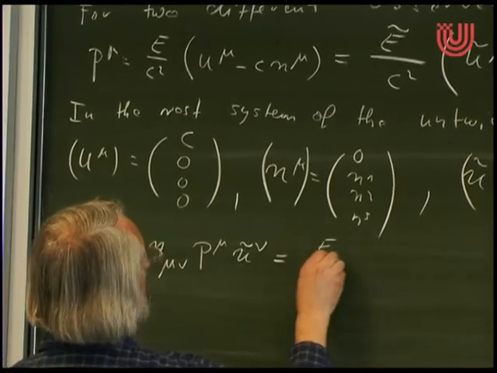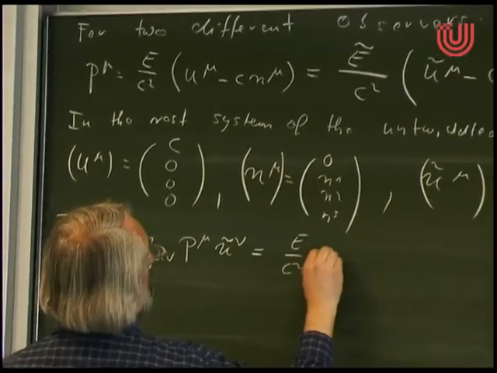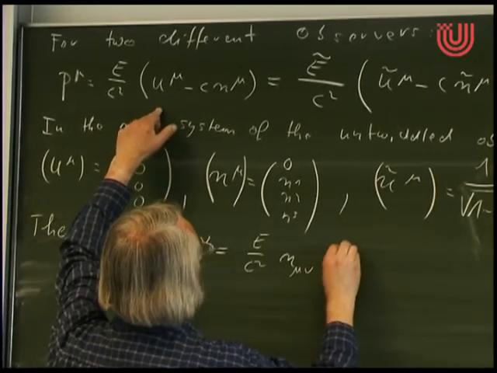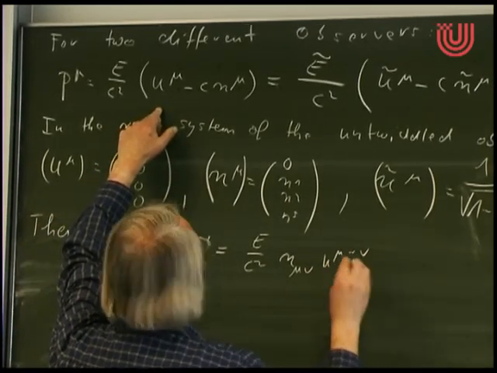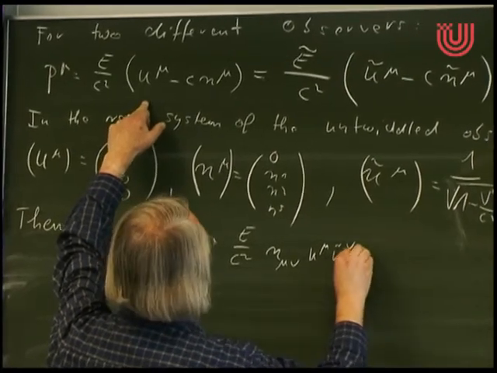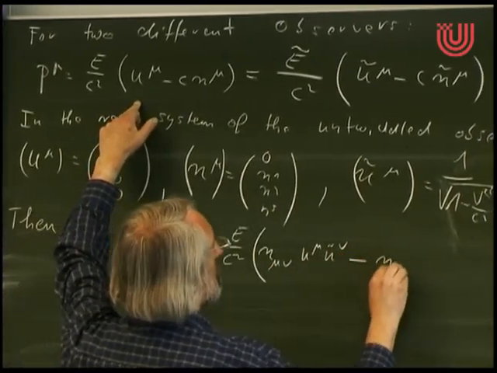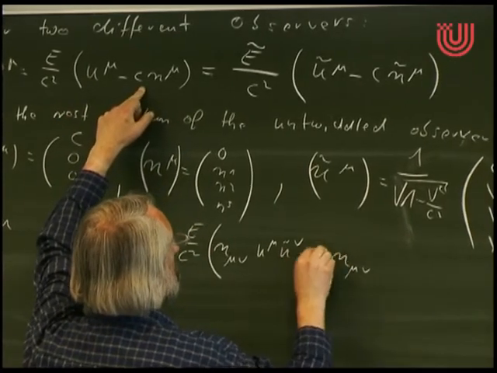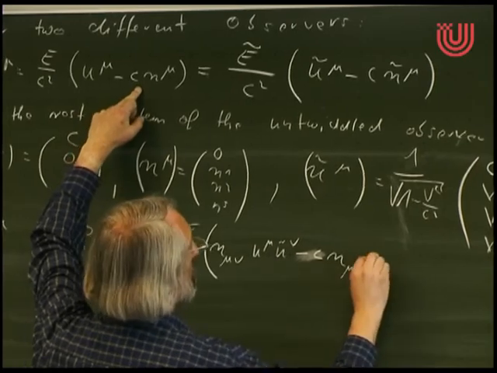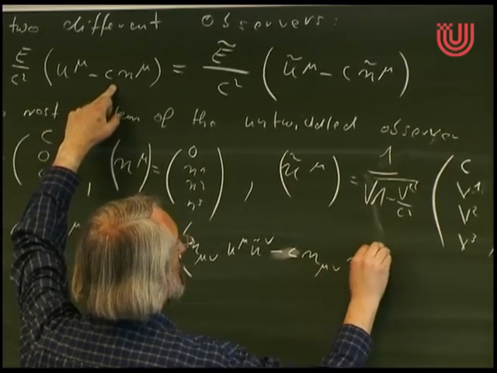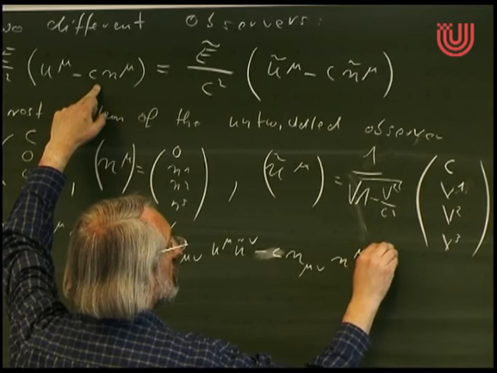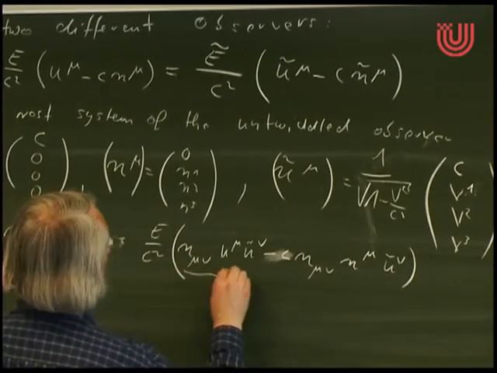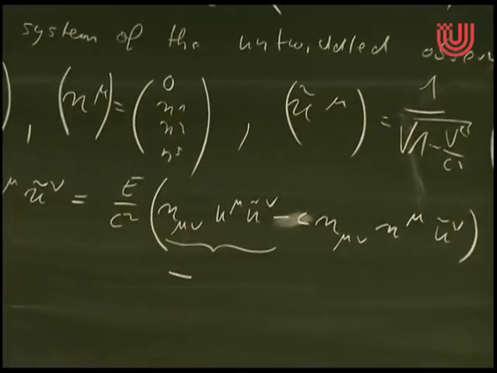So I get E over c², and then I have η_μν u^μ ũ^ν. Then I have minus c η_μν n^μ ũ^ν. Okay. And I can read what this is. This here, η_00 gives minus 1.